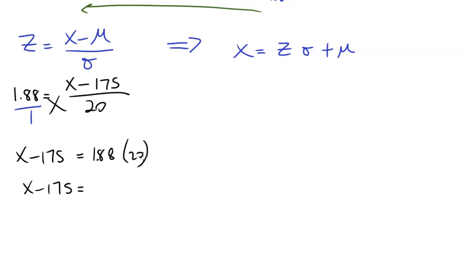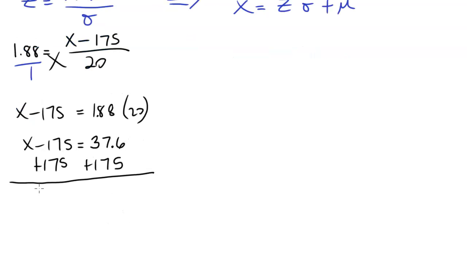X minus 175 equals, what's 1.88 times 20? Well, let's see, 188 times 2, that would be 376, right? So 37.6, add 175. And I didn't line that up nicely, so it looks kind of weird, but whatever.